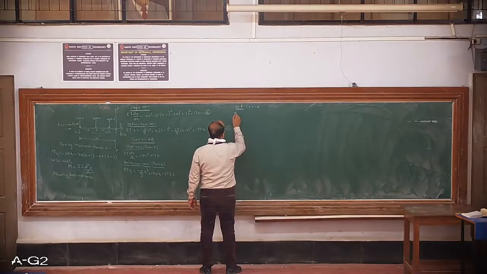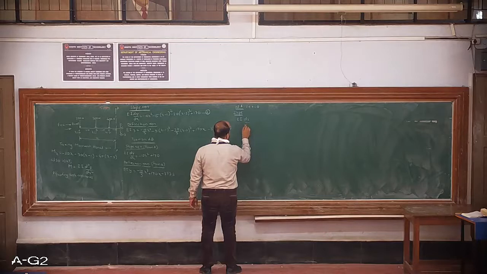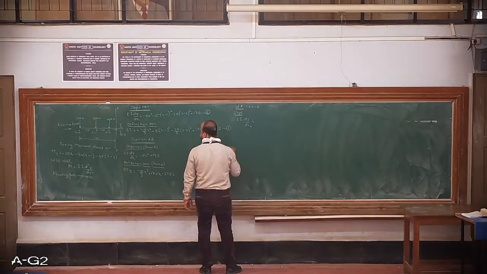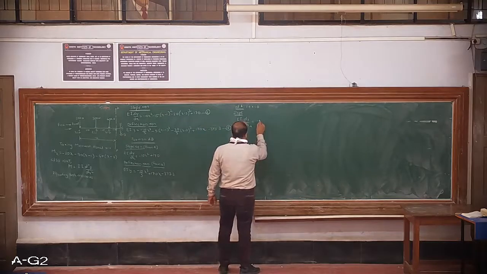So slope at A, EI into dy by dx at A, I will write here because at A I am taking minus 10x square plus 170.